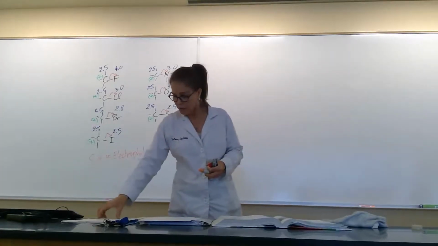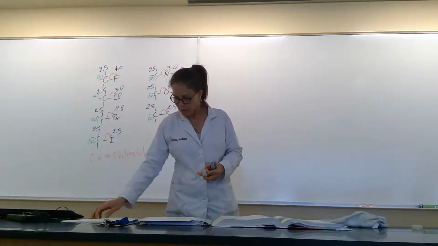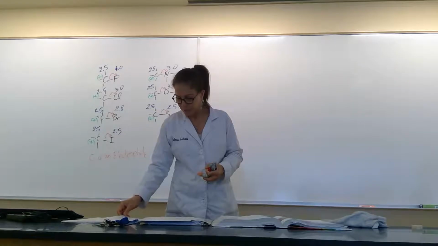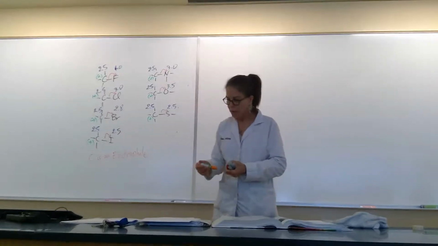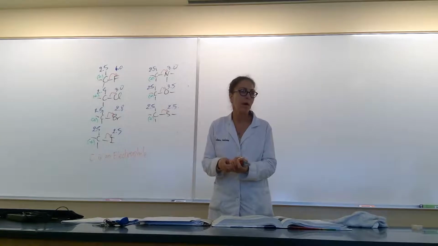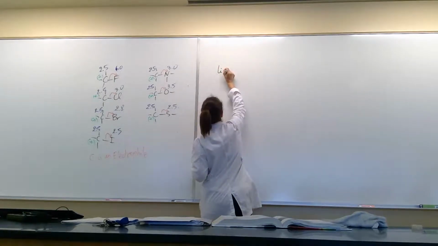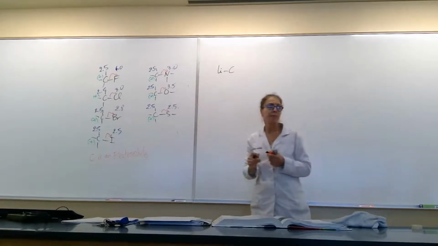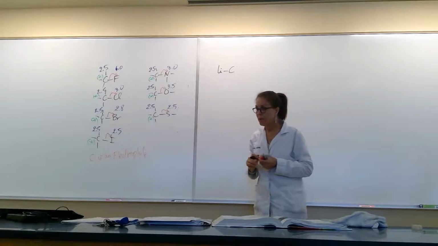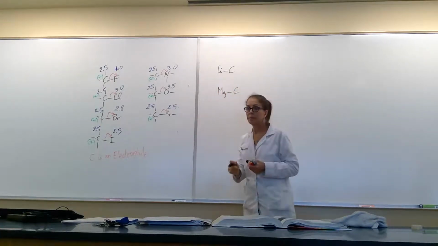So what are our choices here? You have compounds with lithium. In this chapter and future chapters, I want you to remember that. You're going to have lithium with carbon, magnesium with carbon.